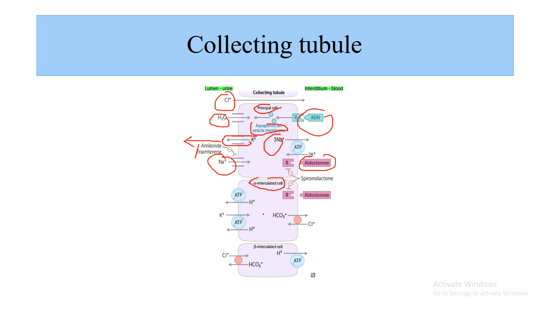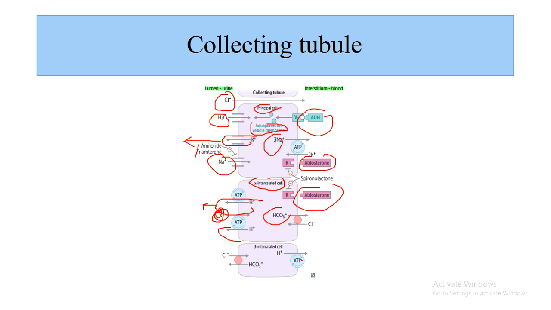So what do these intercalated cells do? As you can see, aldosterone works right here, leading to excretion of acid. Acid keeps being added to the urine. We reabsorb some potassium, and bicarbonate keeps being reabsorbed.